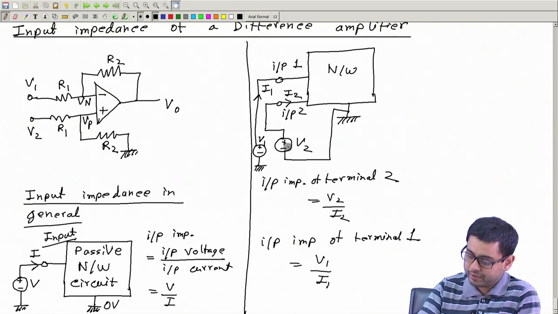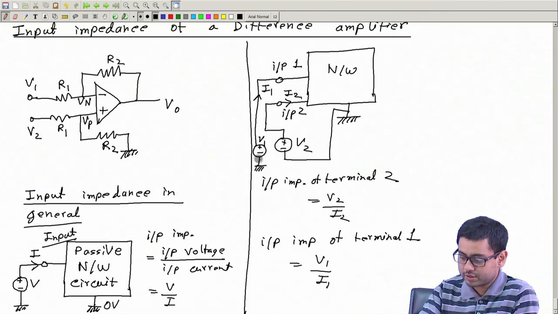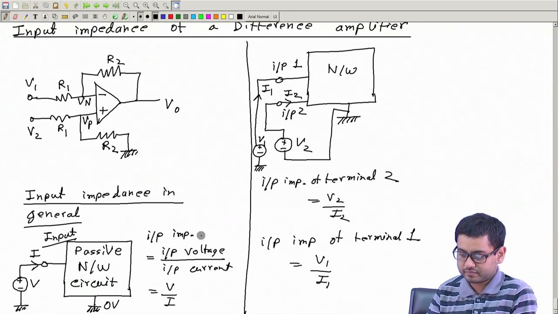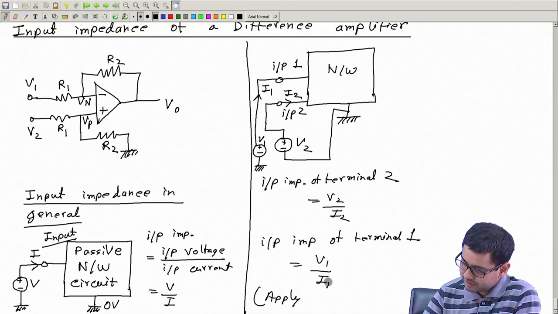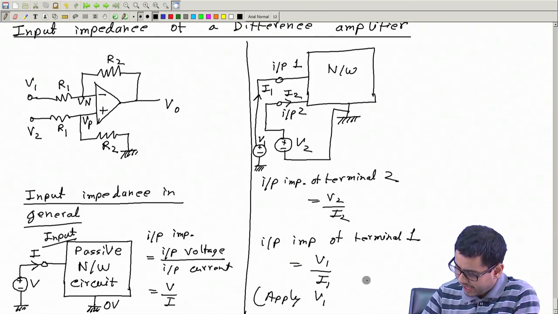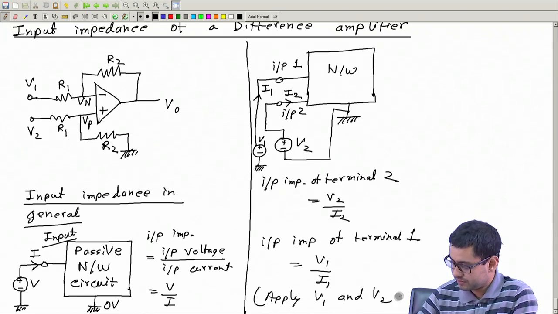Do not apply these voltage sources at the same time. When we apply V1, do not apply V2. When you apply V2, do not apply V1. Apply V1 and V2 separately.